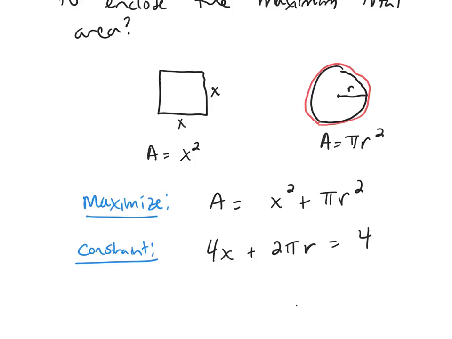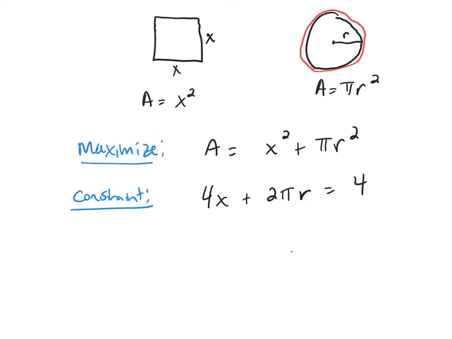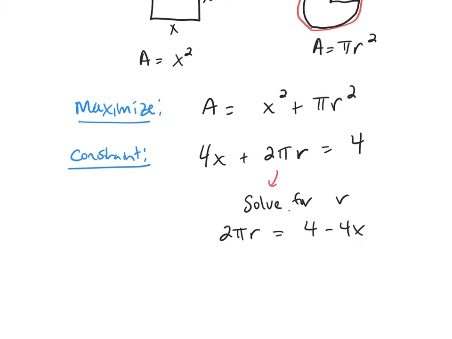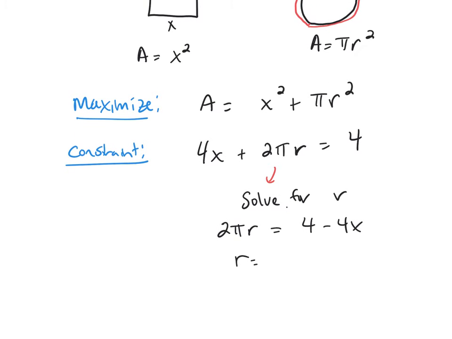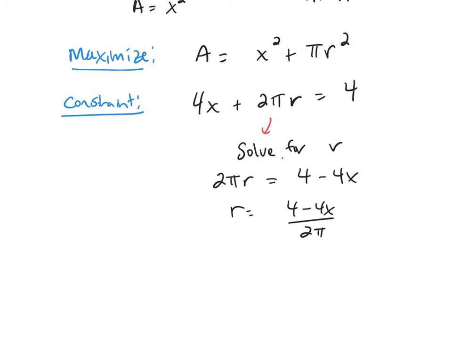So I'm going to take my constraint equation and solve for r here. If I solve for r and divide by 2 pi, r will be, or if you want to simplify down the numbers, 2 minus 2x over pi.